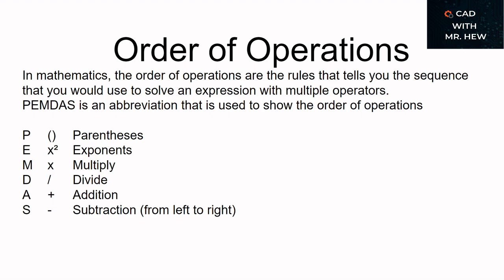So first, if we have an expression that has multiple operators, we would first do the part which has parentheses, then the exponents, then we would multiply, divide, do addition, and then subtraction, going from left to right for the addition and subtraction.